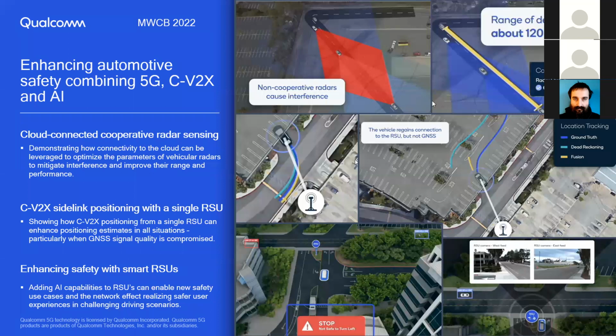The second scenario that we look at is about the radar. So radar is great, right? We have seen some talk by another presenter yesterday. Radar can provide you information not only about the position of the other car, but also the velocity and heading of those cars.